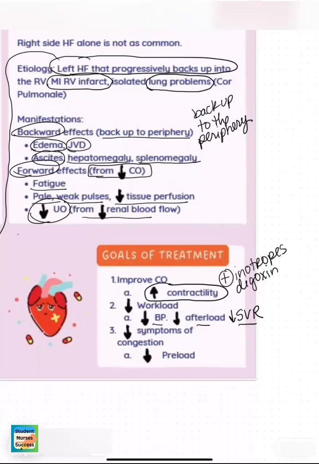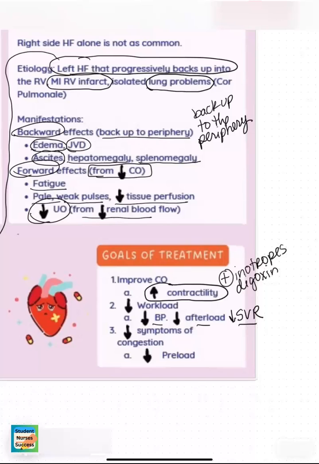What we're trying to do is make it easier for that left ventricle to pump against the periphery and to get blood out to the body. So we don't want vasoconstriction. We want a decrease in blood pressure so it's not hard to pump against. And we want a decrease in afterload, also known as systemic vascular resistance.